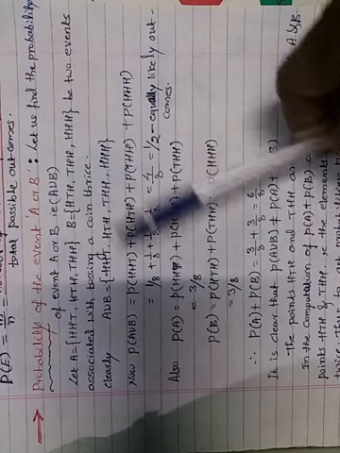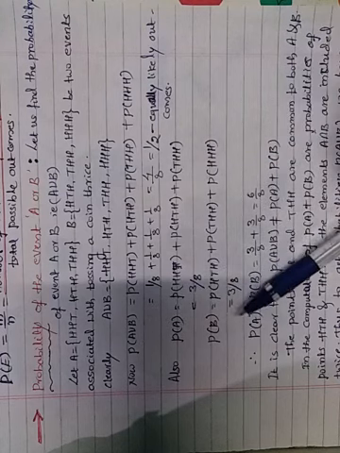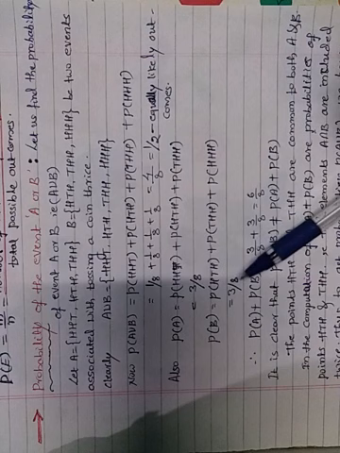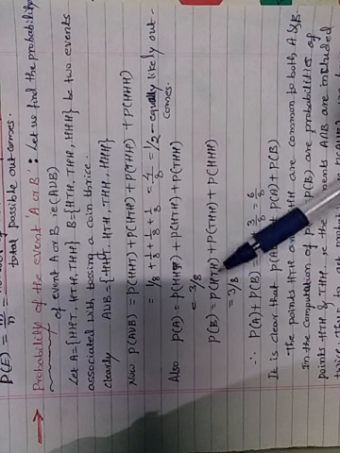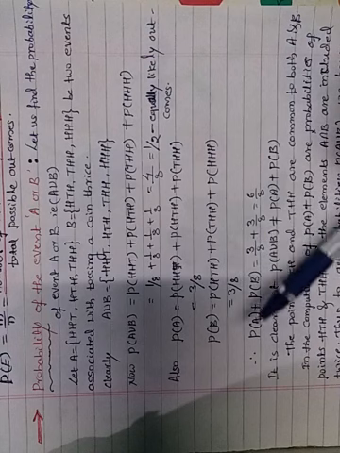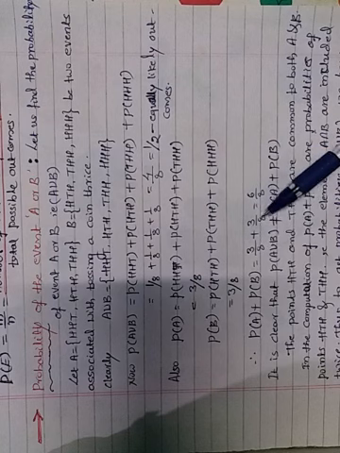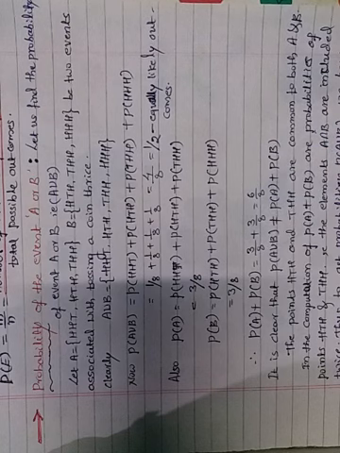The total probability of P of B is also 3 by 8 for the set B. Hence, P of A plus P of B equals 3 by 8 plus 3 by 8, which gives 6 by 8.